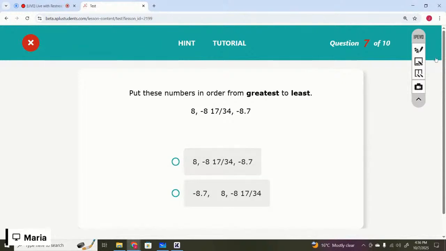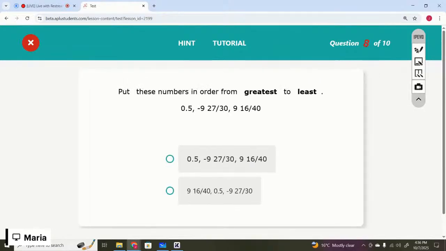Option number 1 is the correct option. Negative 8 whole 17 by 13 and negative 8.7.